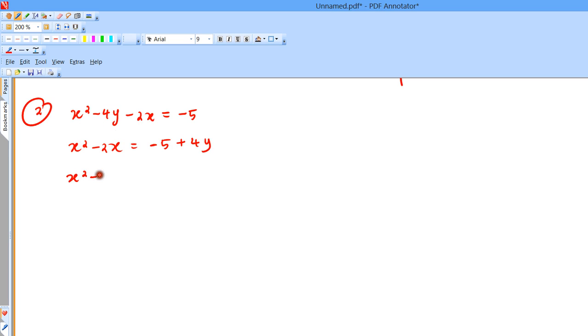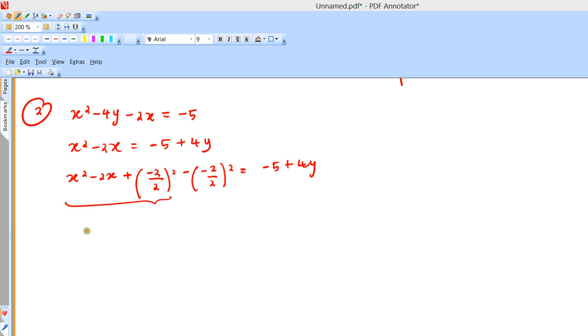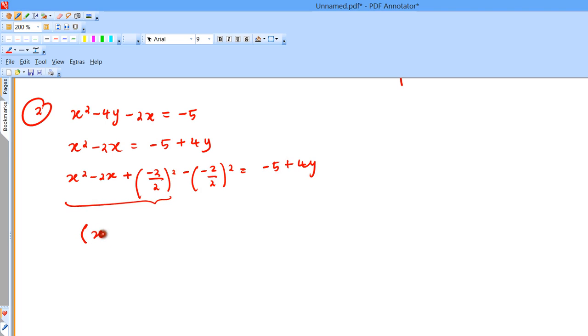and then for x^2 - 2x, we perform completing the square on the left hand side, and then add (-2/2)^2 minus (-2/2)^2 equal to -5 + 4y. And then we simplify the first 3 terms to (x - 1)^2, since in this bracket -2/2 equals -1.